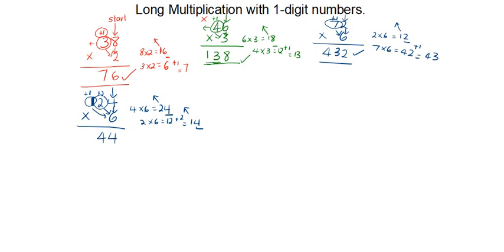So 1 times 6 is 6. And now we add that carried 1. That's going to give us 7. After the 1 there are no other numbers in 124, so the calculation ends and my answer is 744.